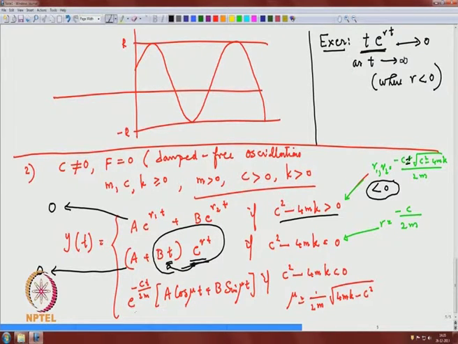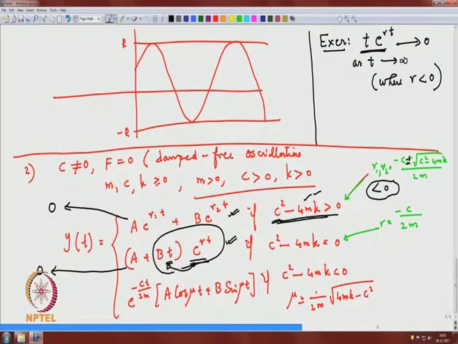Now, here the third case. In the first two cases, there are no oscillations and this term goes to 0 faster. m and k are fixed quantities. All these sign changes are because of c, and c is the one which we are controlling in the damping.